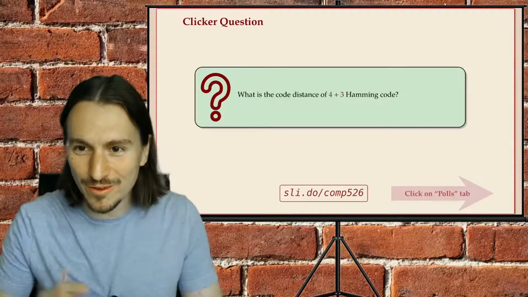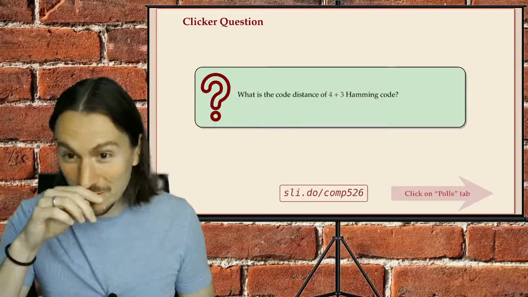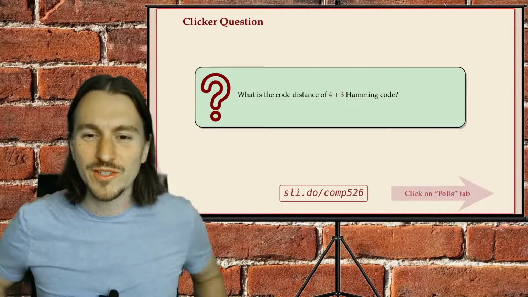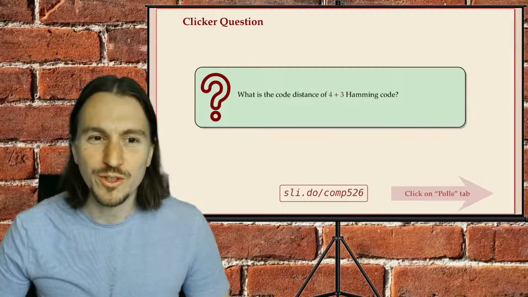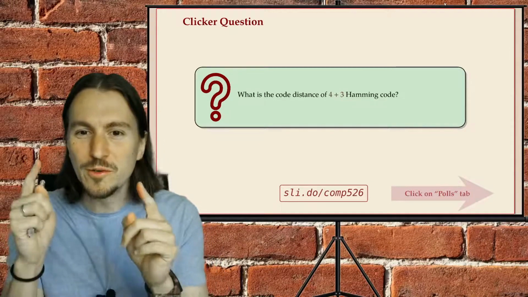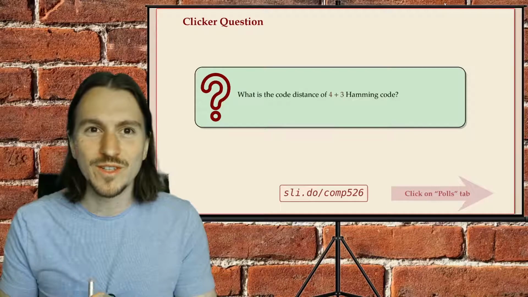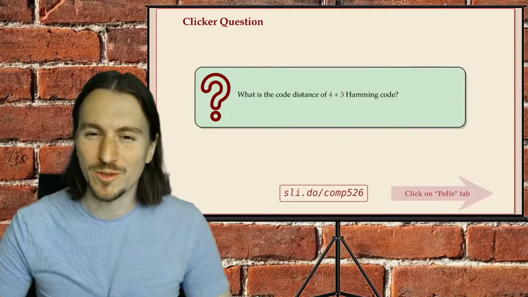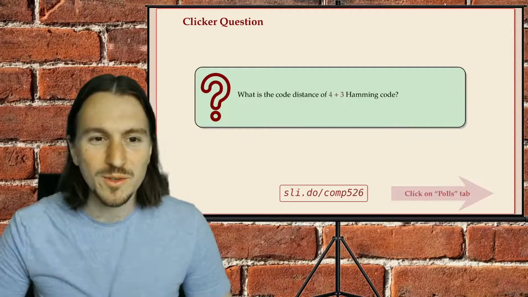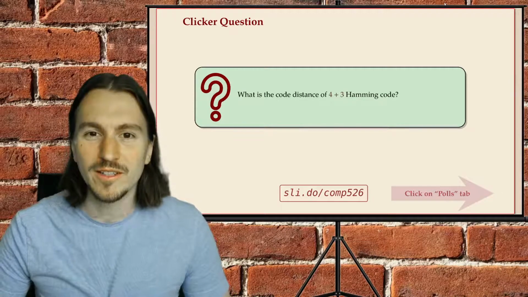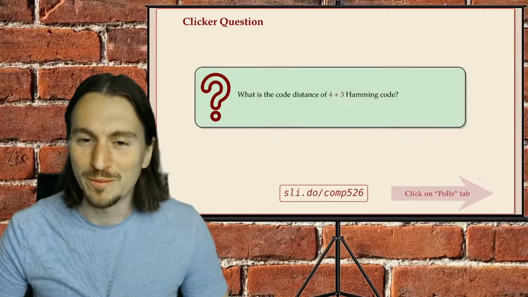So again, you can just freely type a number, but really the answer should be just a number. And code distance, that was this notion of Hamming distance. If you take any two code words that are valid in the code, what is the Hamming distance between those code words? And that had to do with the ability of a code to detect and correct a certain number of flipped bits.